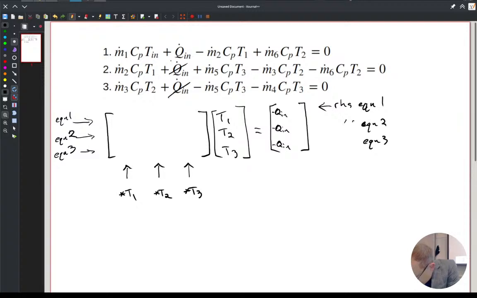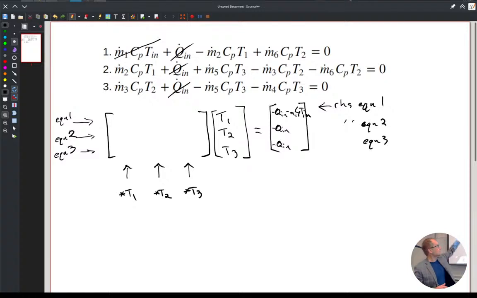Get rid of those if I'm trying to check them off one by one. Then there's also this Tn value, that negative m1 Cp Tn. I ran out of space, but it's there.